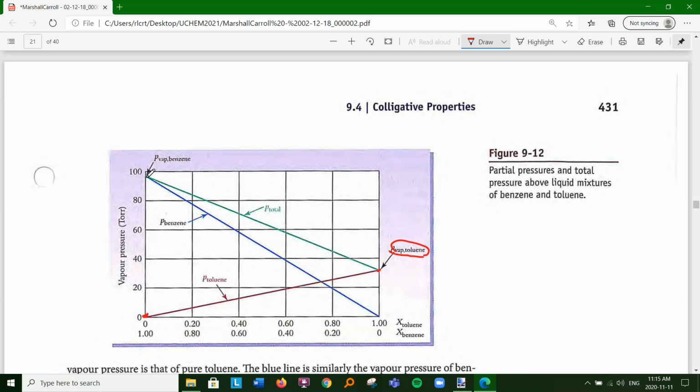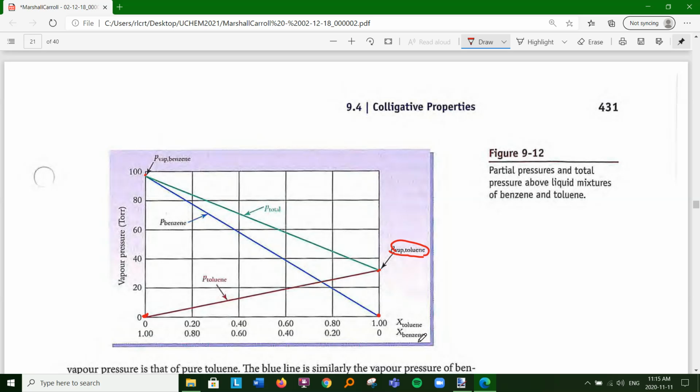Okay. Now let's look at benzene. Benzene all by itself, and no toluene, is over here in the top left, and it's like 97 or something, close to that. And then we're going to go down, and the benzene has no vapor pressure if you don't have any benzene, right? If the mole fraction of benzene is 0.